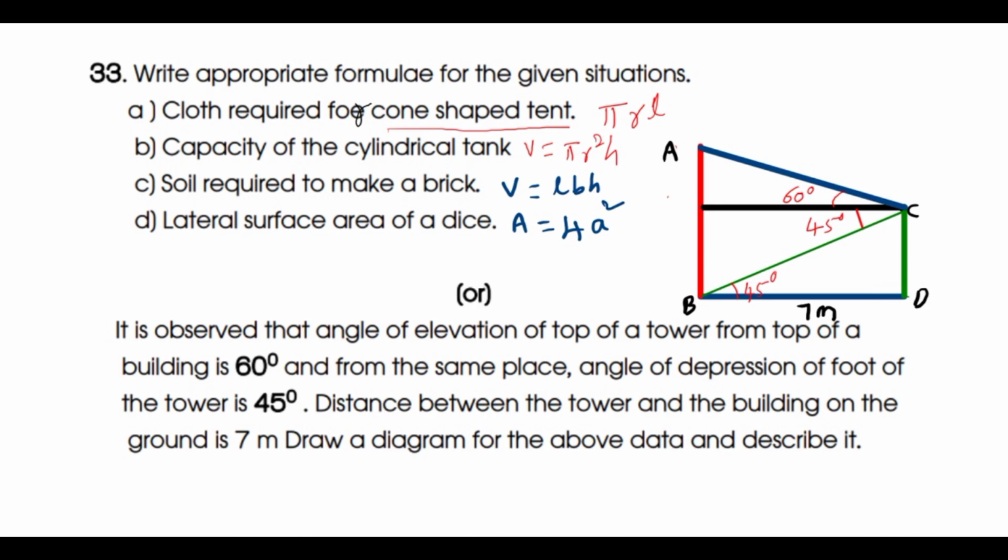Given the angle of elevation from the top of the building to the top of the tower is 60 degrees, that angle is ACE. Like that, we write about the angle of depression also. So this is the total description of the problem. Very easy way for this one also.